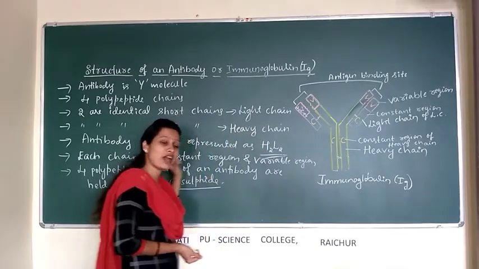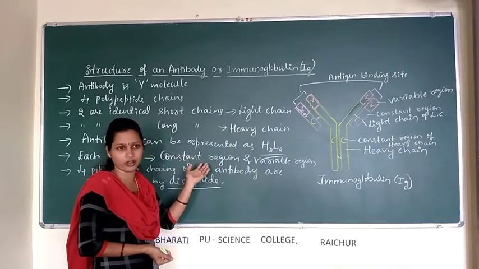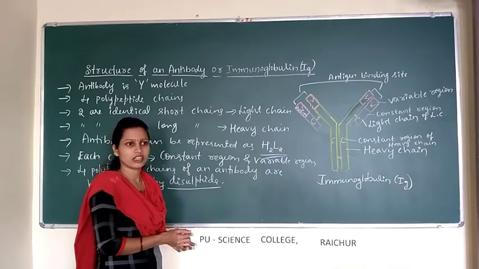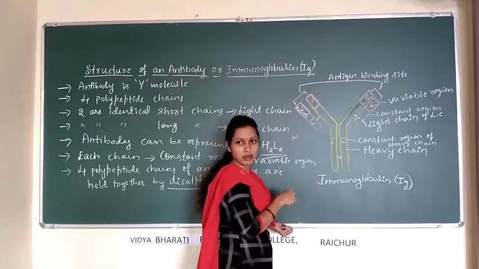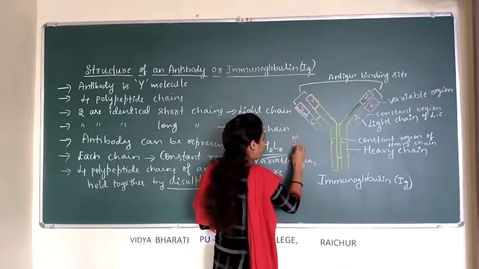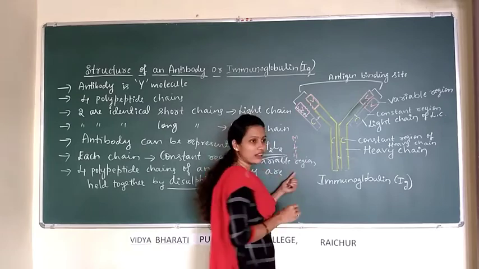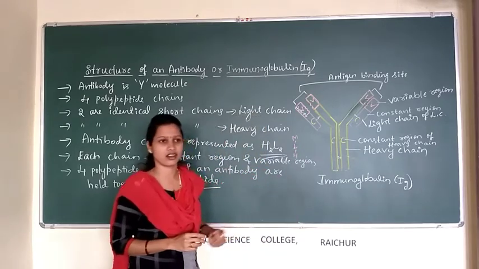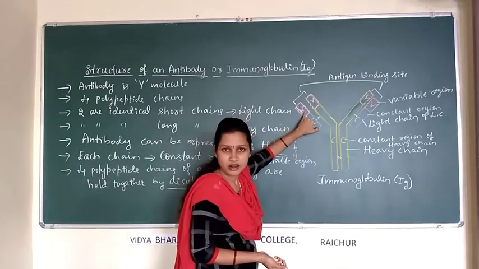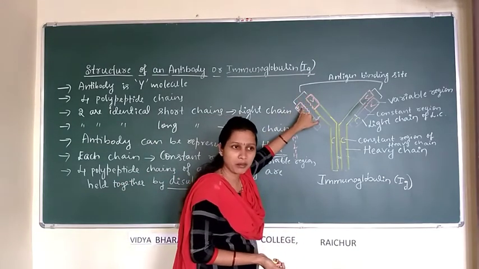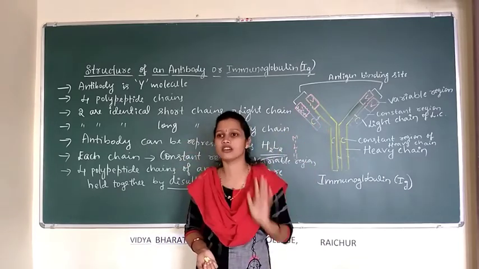Whereas the amino acid sequence of the variable region of another antibody is different. That may be methionine, lysine, histidine, valine, glutamic acid, etc. Means amino acid sequences present in the variable region of different antibodies differ.